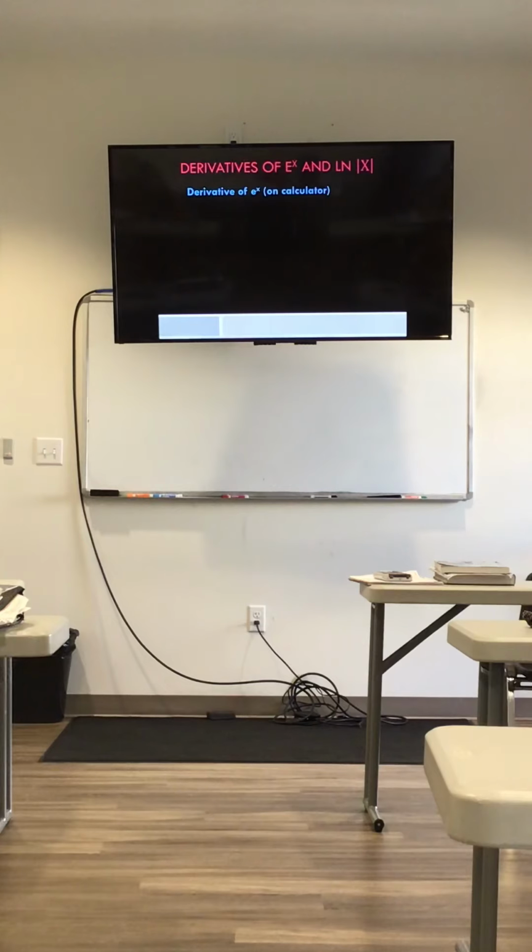All right, what I would like you to do on your calculator is press your y equals button up there on the top left, and enter this equation underneath y1. Your e to the x button should be on the left-hand side. You should see an ln button, and right above ln, you should see e with an x.